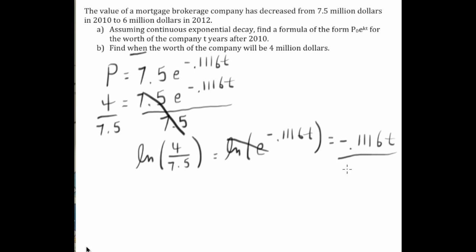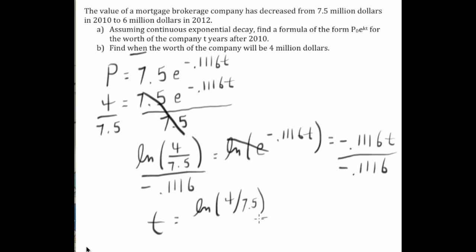Now I just need to solve for t and divide. So t equals the natural log of 4 divided by 7.5, over that k we found earlier. When I plug this into my calculator, I got about 5.6.